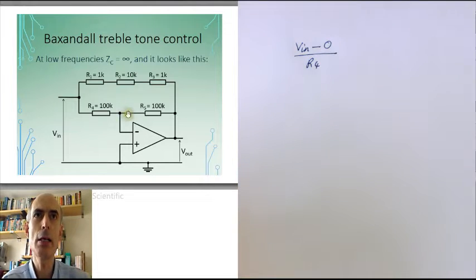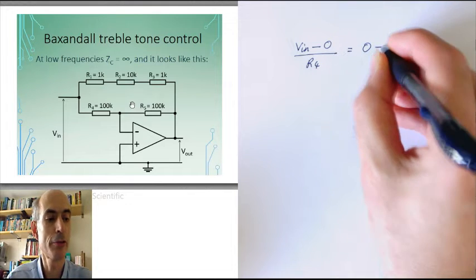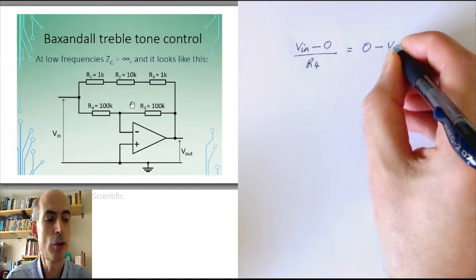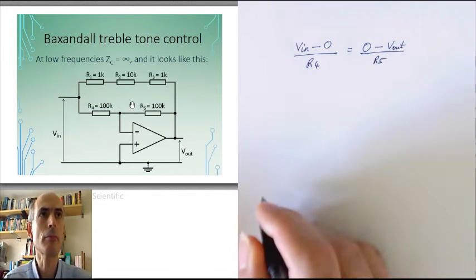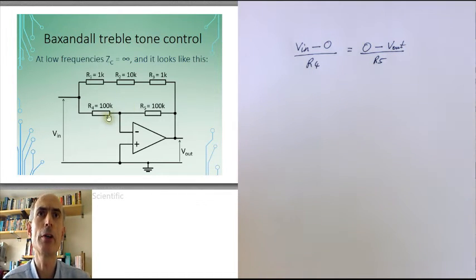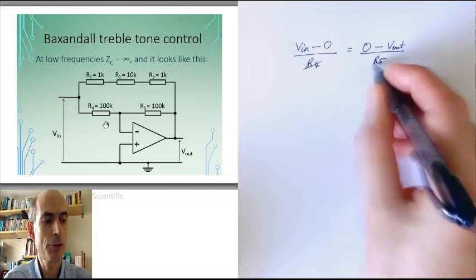And that must be equal to the current through R5, since no current flows into an ideal op-amp. And the current through R5 would be the voltage across R5, which is 0 minus Vout, over R5. But the way we've built the circuit, R4 and R5 are equal. They're both 100k. So they cancel out.